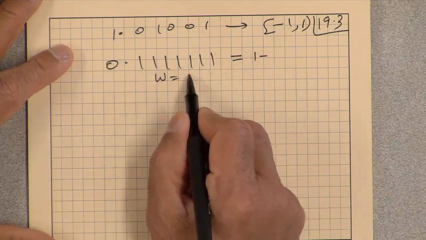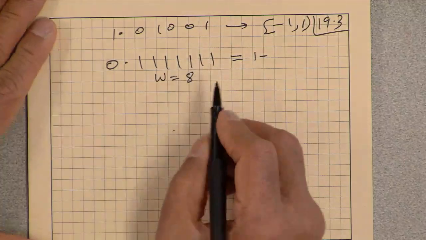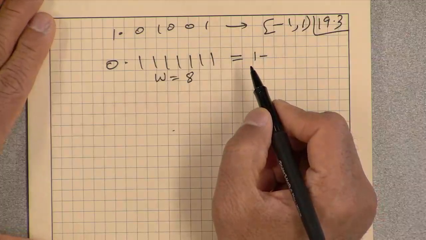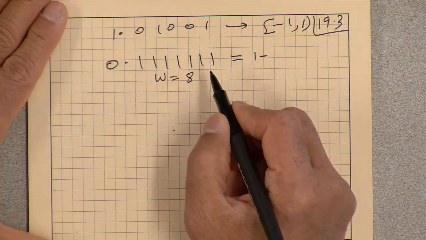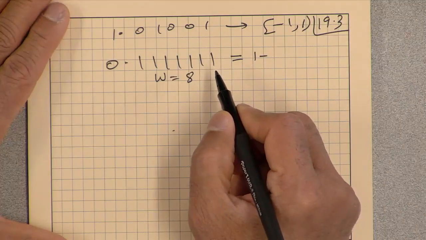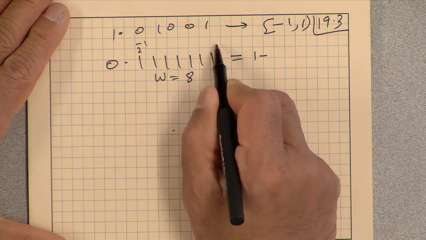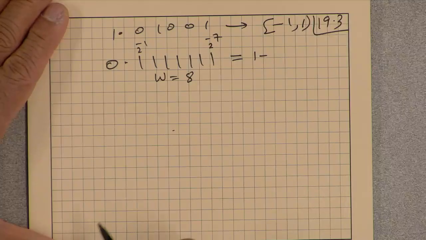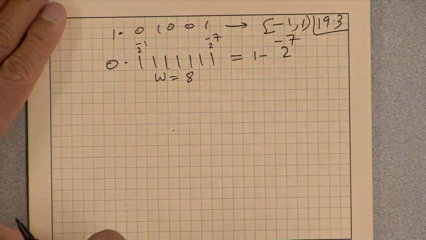so this is w equal to 8, right? 3 plus 3 is 6, plus 2, 8. And the number is going to be 1 minus 2 to the power minus 7. Okay, so that is the maximum number.